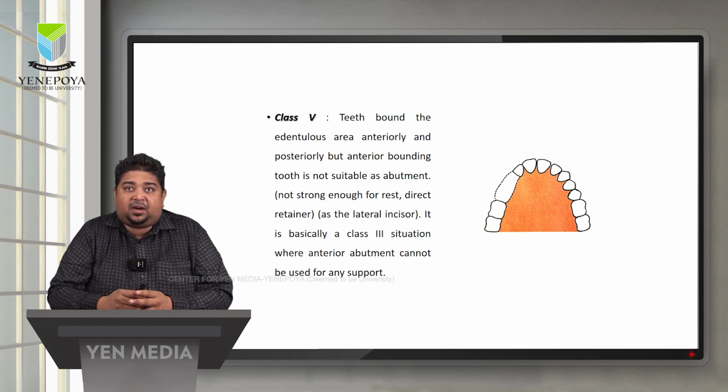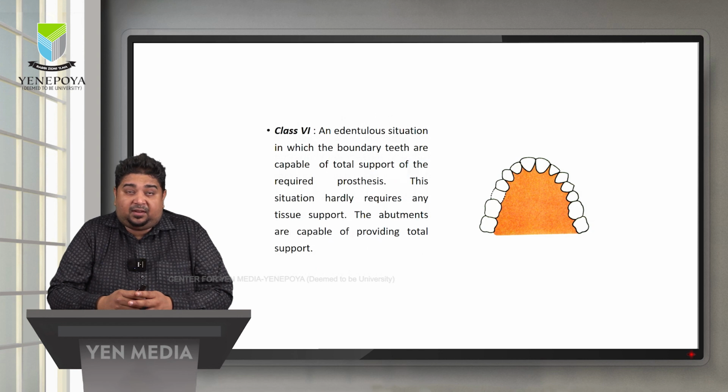So it is basically a class 3 situation where the anterior abutment cannot be used for any support. Coming to class 6, it's an edentulous situation in which the boundary teeth are capable of total support of the prosthesis. This situation hardly requires any tissue support. The abutments are capable of providing total support here.